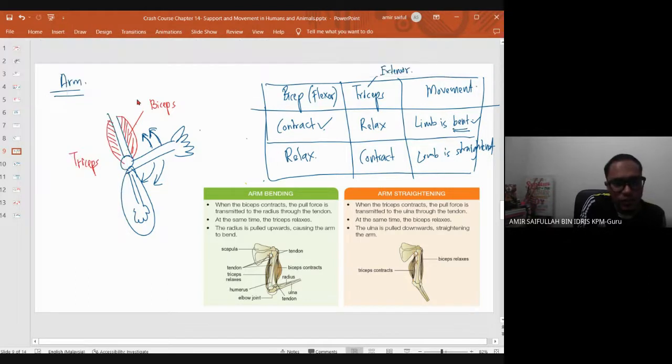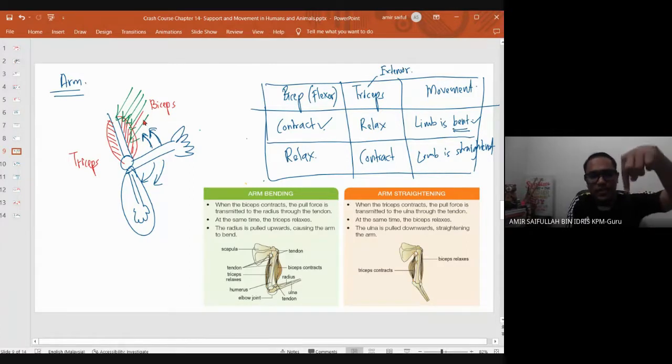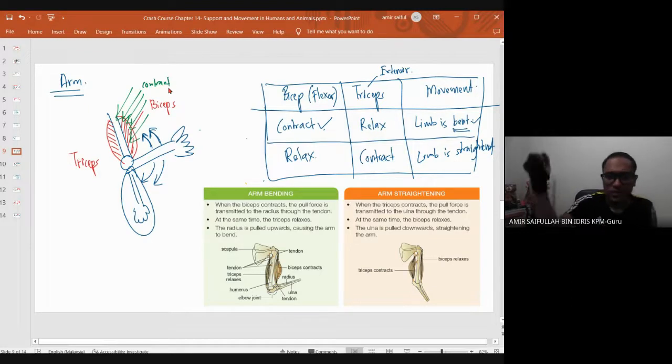Okay, now you see I draw this one. The direction is poking this one. So this is contract. Imagine when I poke something, that is called contract. So when bicep contracts, it will pull the limb.